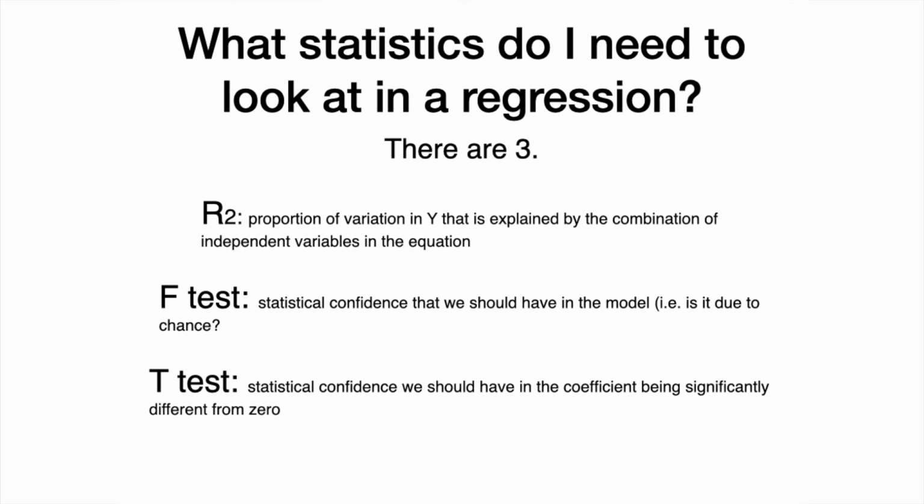And then you have something called a T test, which is for each coefficient. That's where you get the stars in your wall of numbers. The stars are the t-tests, and each t-test is just saying the statistical confidence that you should have in the effect of that coefficient, the effect of that one independent variable, that one x, being significantly different from 0.